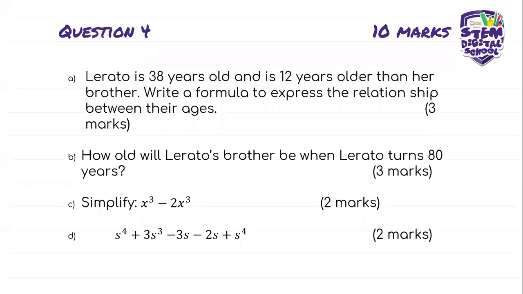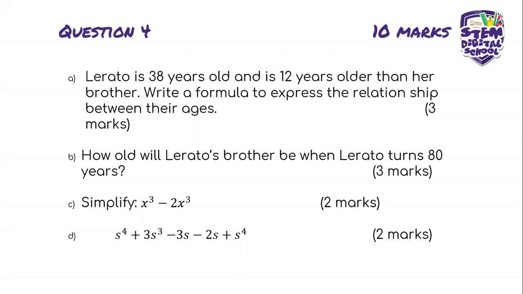Right. The last one: s to the power 4 plus 3s to the power 3 minus 3s minus 2s, and then plus s to the power 4. Obviously, you may group the like terms there.